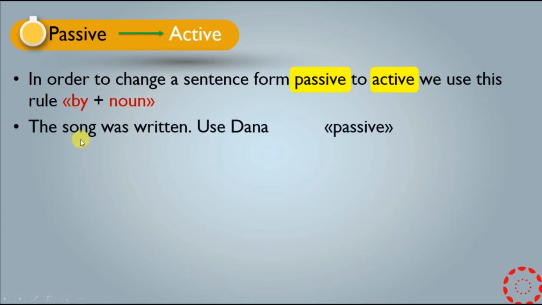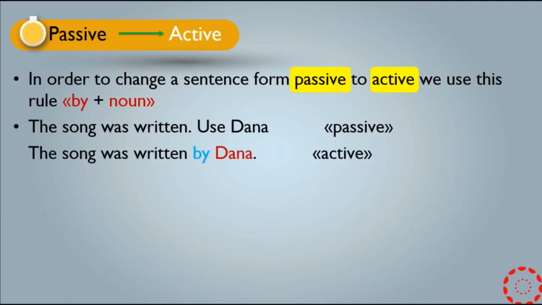For example, "the song was written." As you see, this sentence is passive. And the teacher asks you to make it active again, and asks you to use Dana. So you have to use Dana. By using this rule, by plus noun, the sentence looked like this: "the song was written by Dana."